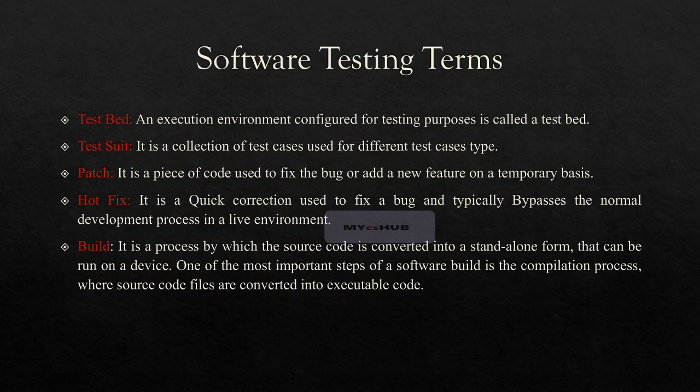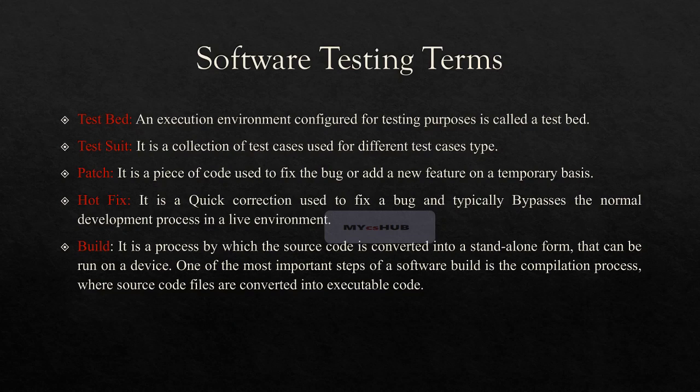Suppose we have a bug we found on the production environment and that needs to be fixed instantly. In that case, we generally term that particular fix as a hotfix.